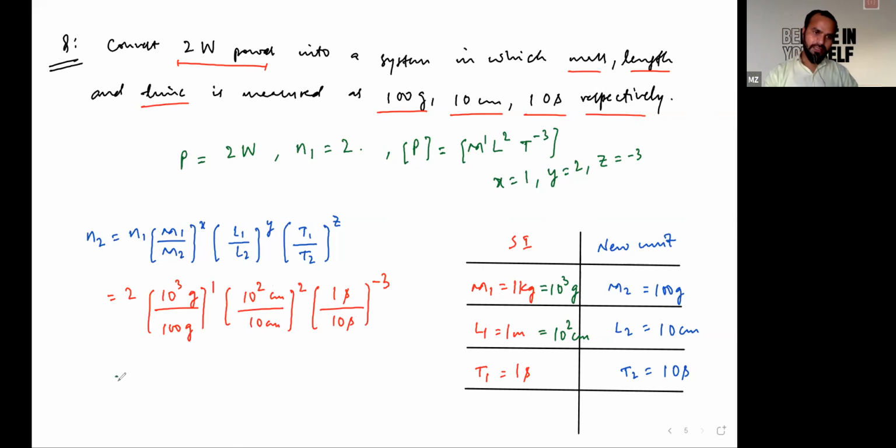So on simplifying, it would be 2 into 10 to the power 3 in numerator and 10 to the power 2 in denominator, so we're left with 10 to the power 1. Here we have 10 to the power 2 in numerator and 10 to the power 1 in denominator, so they would cancel out. We're left with 10 to the power 1, and there is again a square over it, so it would become 10 to the power 2. Here we have 1 over 10 to the power minus 3.